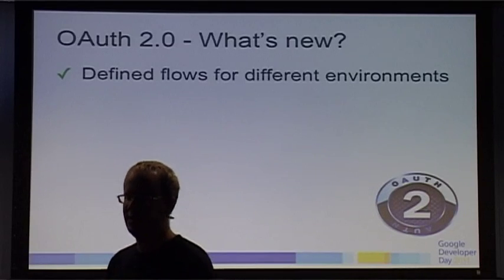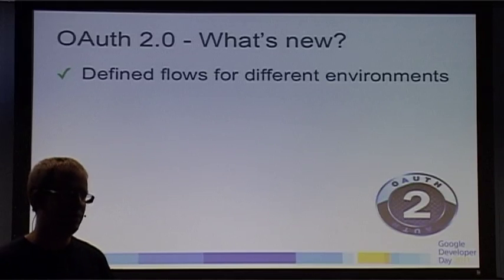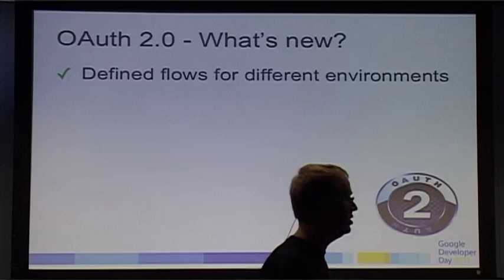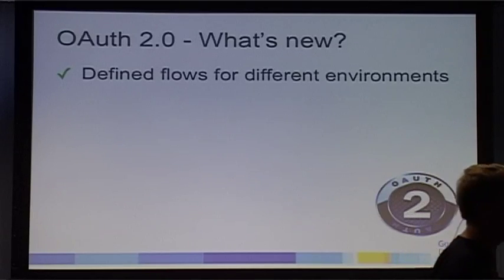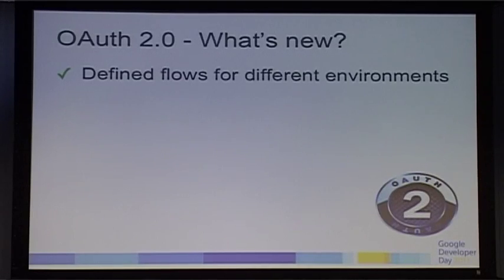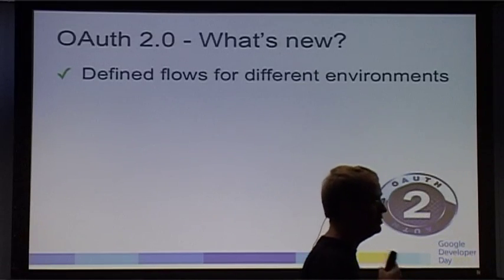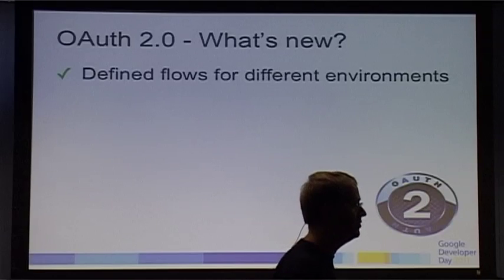OAuth 2 puts that in the specification. It basically says, here's how you handle these different environments, and it has a number of different flows defined for that. We're going to go through a couple of the flows that Google supports, as well as talk about a couple of the others that we do not yet support. But I imagine there will be more and more added as specifications using the extension capabilities provided by OAuth 2.